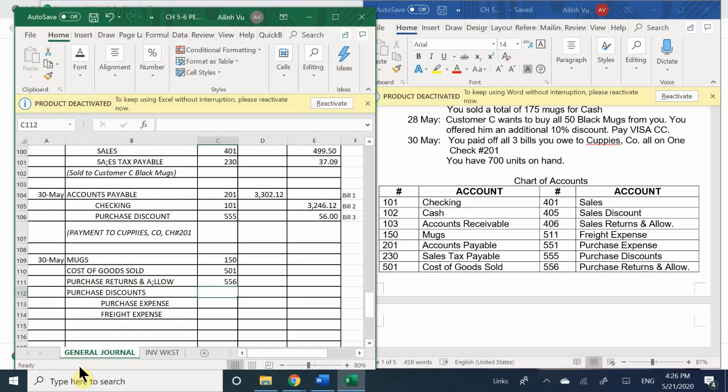I think we would have been able to find that pretty easily. So 551 for purchase expense, 555 for purchase discounts. And then freight expense was 511. All right.